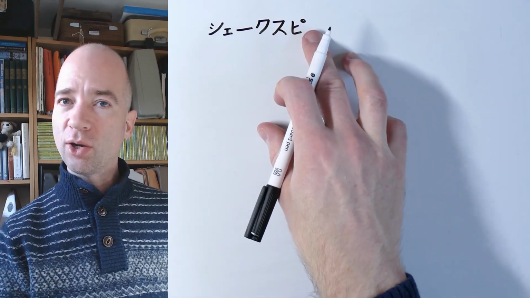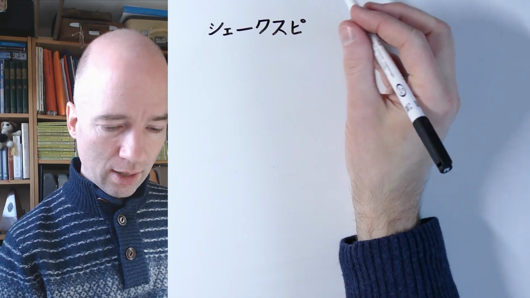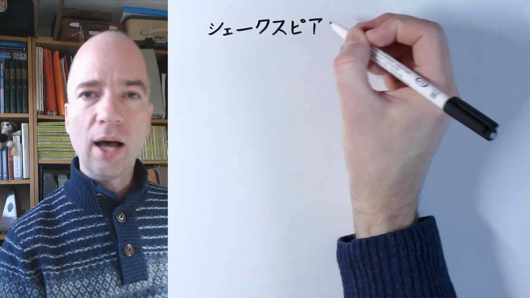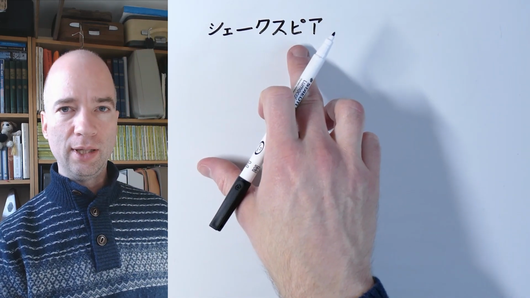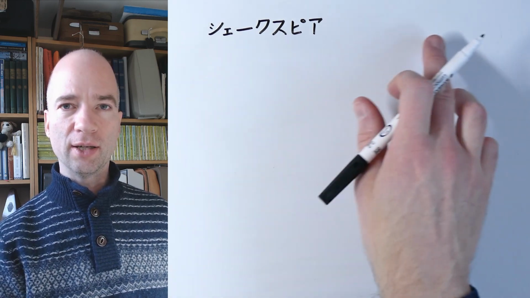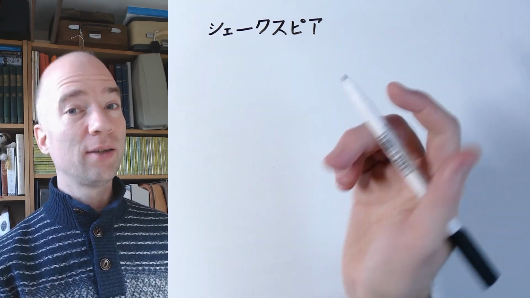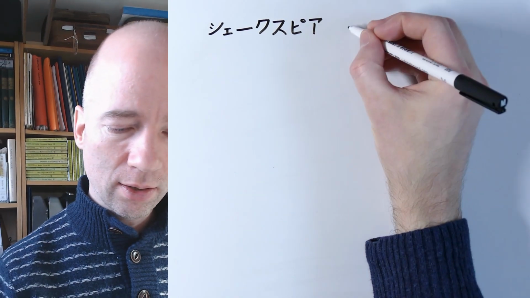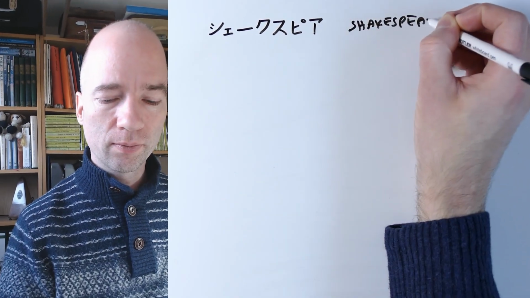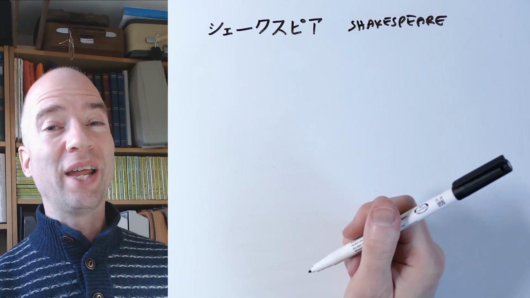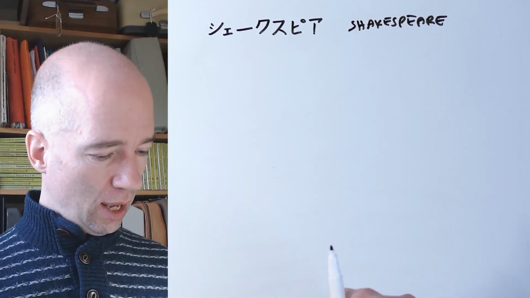He with a handakuten becomes pi. Shakespeare. That means Shakespeare in Japanese. The playwright, if anyone wondered.